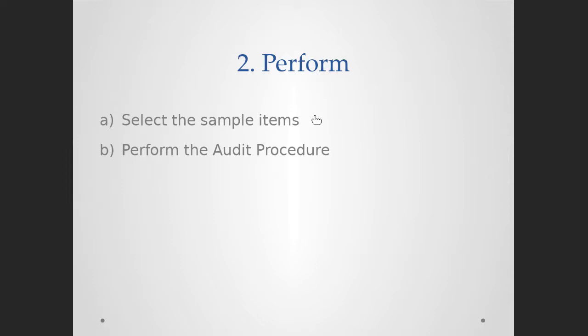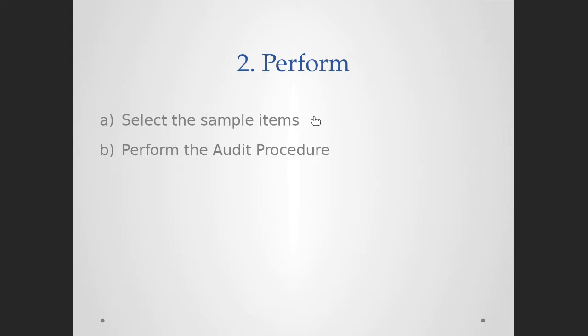Okay. Now we have to do two things here in the step that we call performing the actual audit procedure. The first one is selecting the sample items, and the second one is performing the audit procedure. Now remember, everything that we do until we perform the audit procedure is to perform the audit procedure.